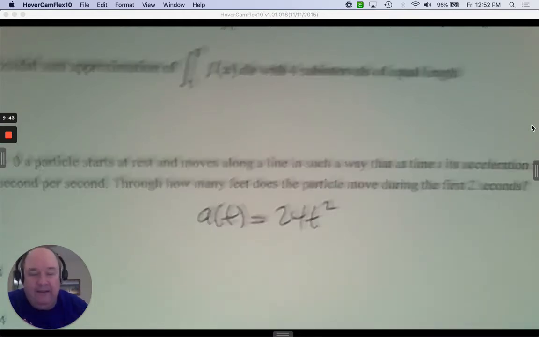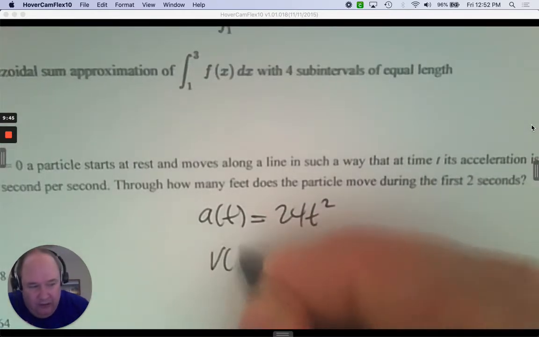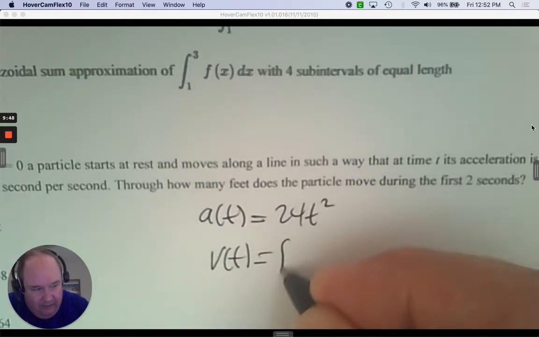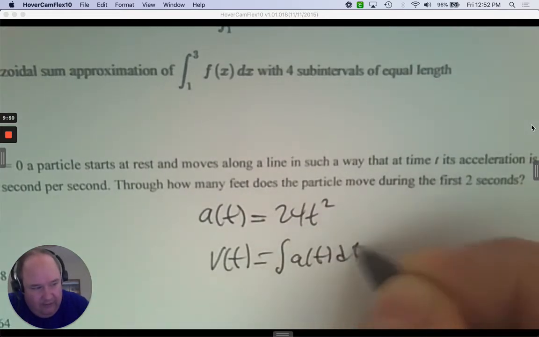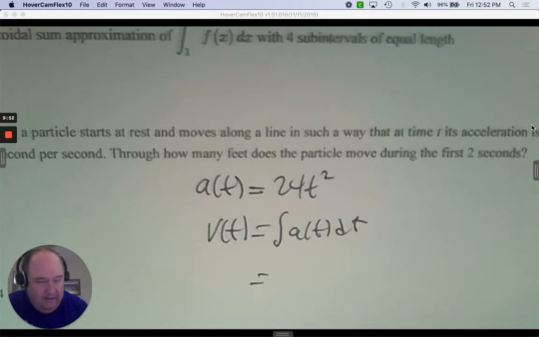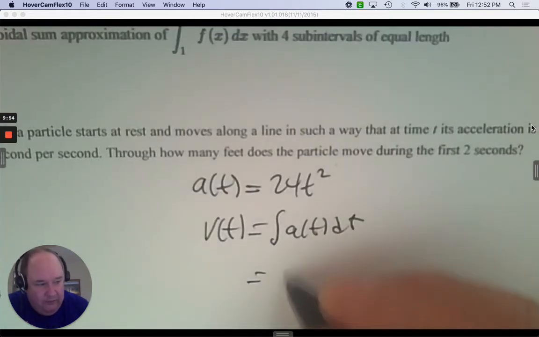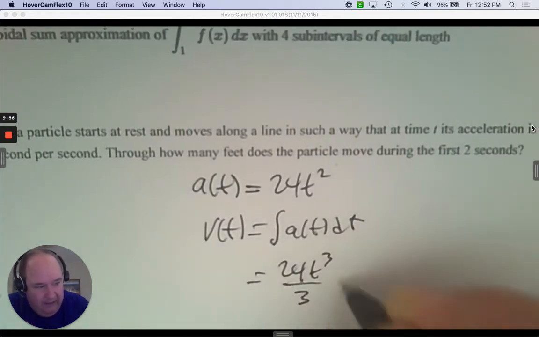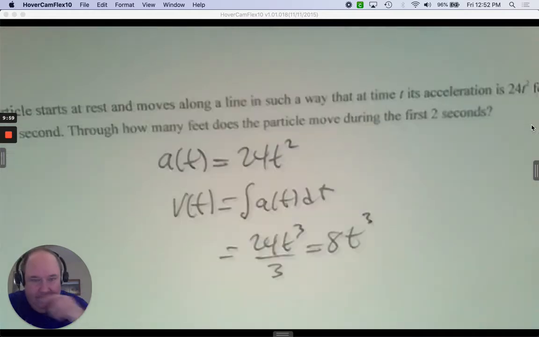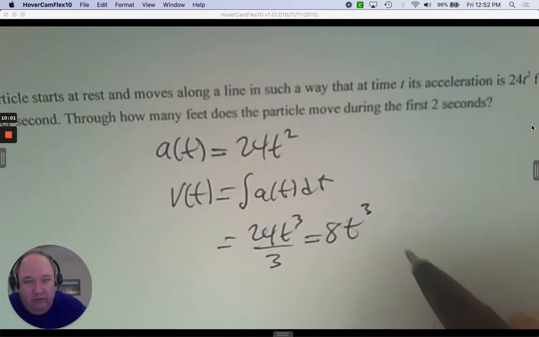So to understand that, the first thing I'm going to do is find velocity by integrating acceleration. I need the velocity. So let's integrate that. So that means you add 1 to the exponent and divide. It's probably helpful to simplify it because it's in the middle of the question.